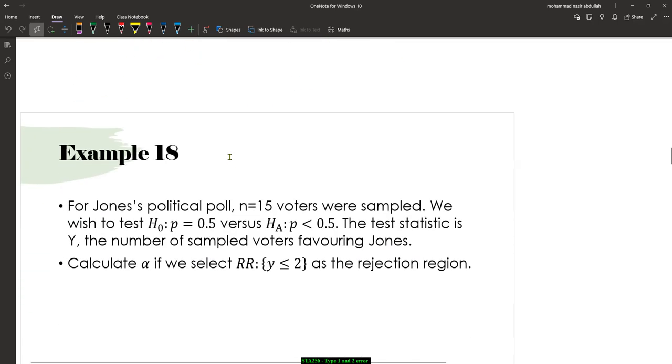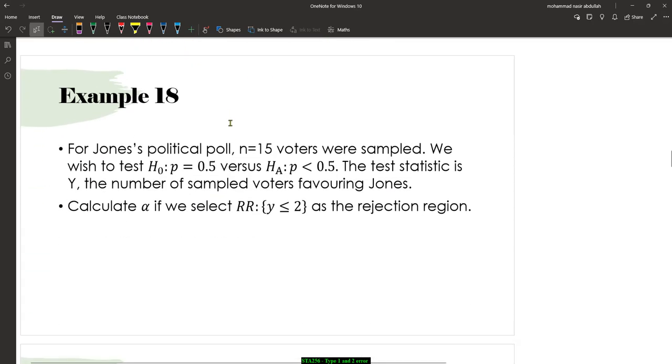Alright. So let's move to example number 18. For Jones political poll, right, n equal to 15 voters are sampled. We wish to test null hypothesis p equal to 0.5 versus alternative hypothesis p less than 0.5. So this is a simple hypothesis, right?